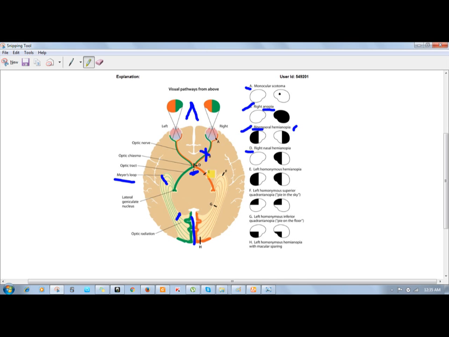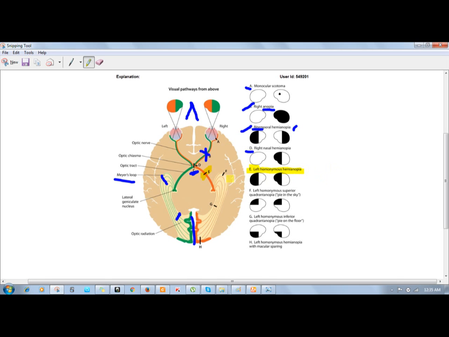So if we damage the right optic tract, our left-sided vision for both the left eye and right eye will be lost, and that is why we'll have something called left homonymous hemianopsia. Left homonymous hemianopsia is a fancy word for loss of our left side of vision.